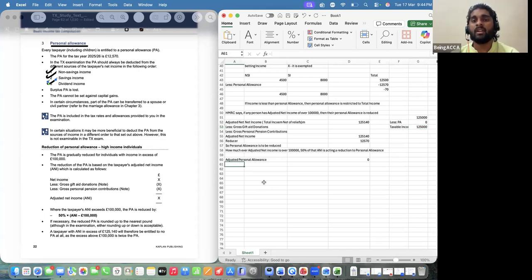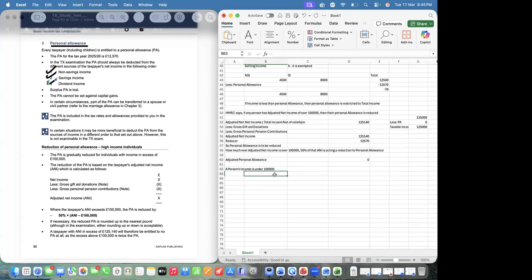So always remember, whenever they say a person's income is under 100,000, you do not have to calculate the adjusted net income at all, because the income is under 100,000. That means there will be no reduction. Clear?